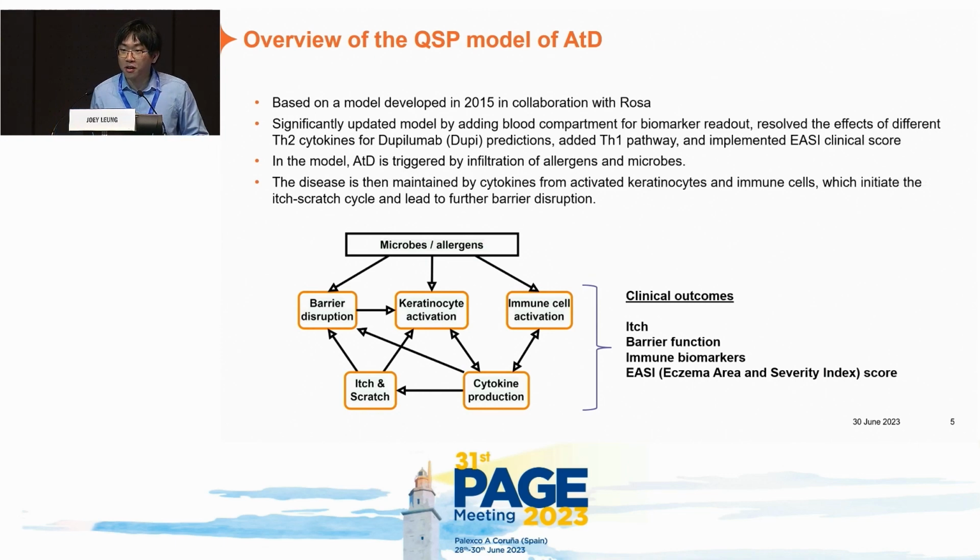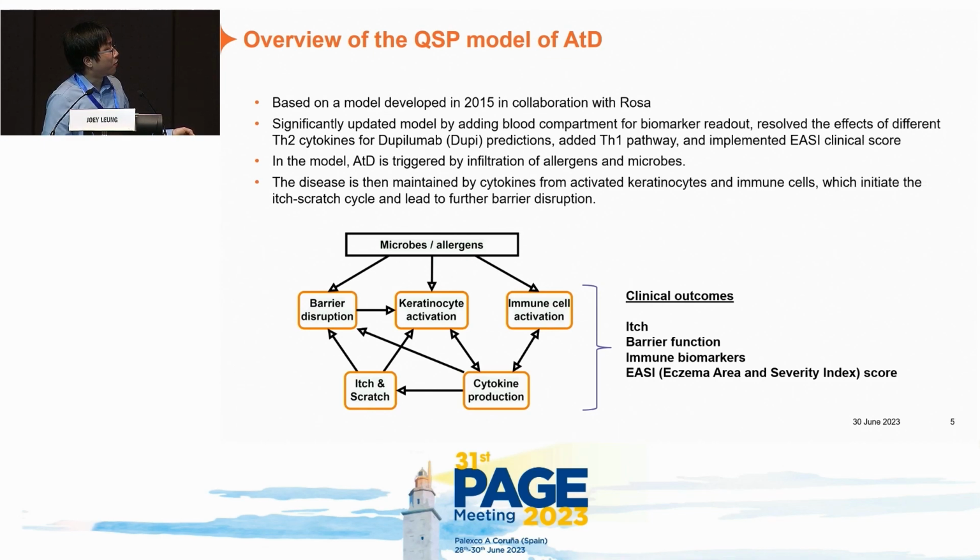The schematic here shows the main processes included in the model. We have infiltration of microbiome allergens, which triggers the disease, which then activates a number of immune cells and keratinocytes, and these produce cytokines that can cause itch.